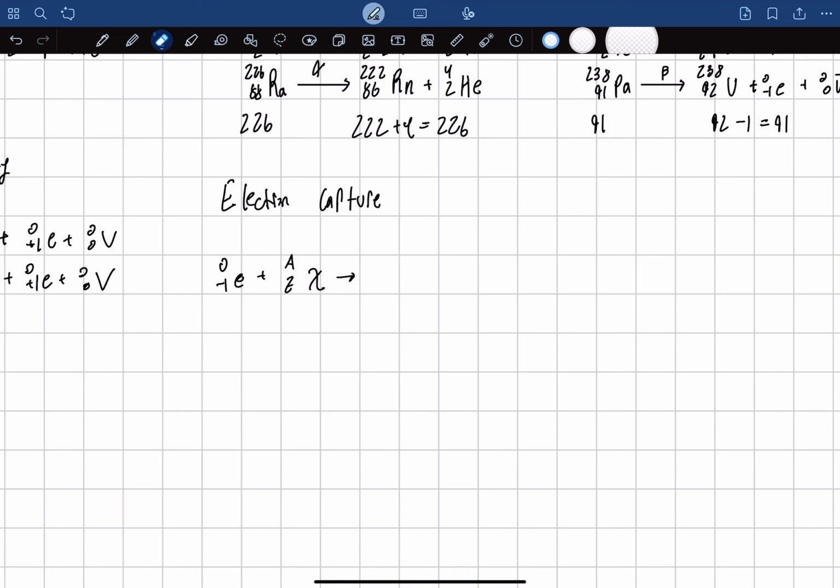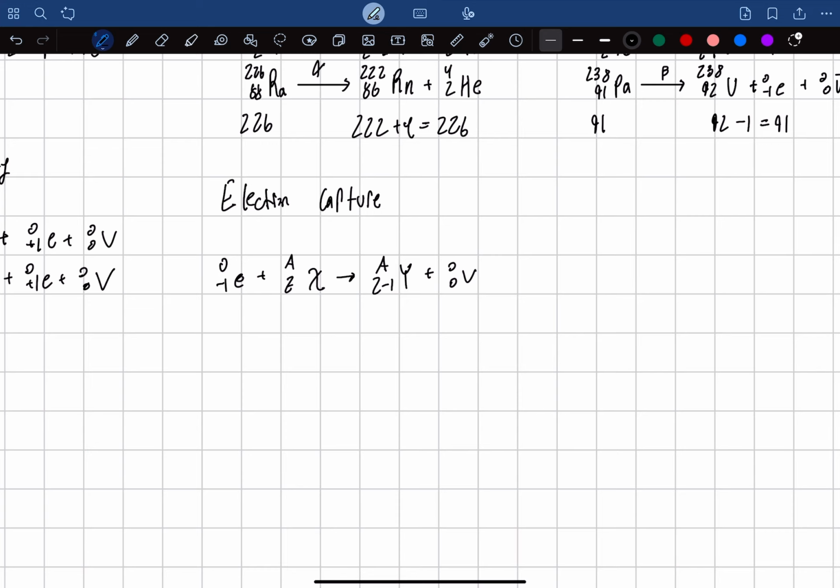It'll be turning into the daughter nucleus, which is going to lose a proton plus the neutrino. So in electron capture, an electron is captured by the nucleus, resulting in a proton in the nucleus turning into a neutron, and a release of a neutrino.